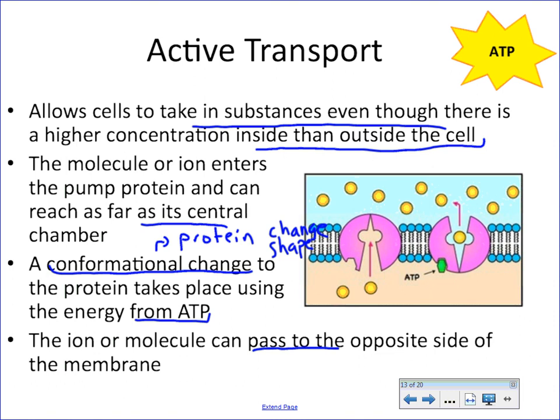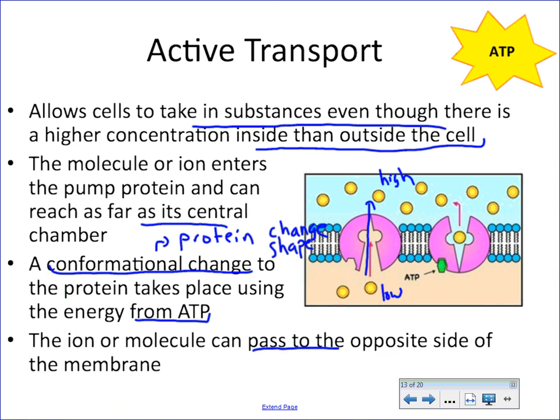So what active transport is going to do is it will take a molecule, for example, that is at a low concentration on one side of the cell, and move it to where it is at a high concentration on the other side of that cell.